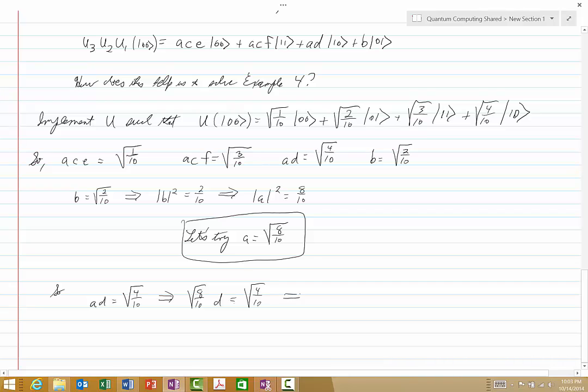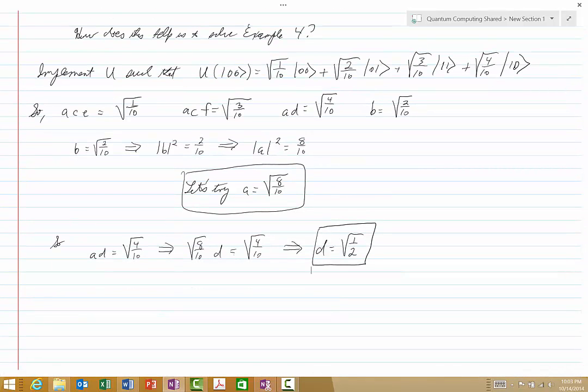And that would imply that D is the square root of 1/2. There's no assumption involved with D if our assumption for A is true.